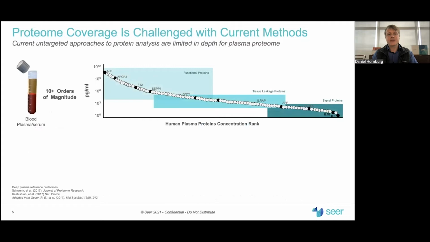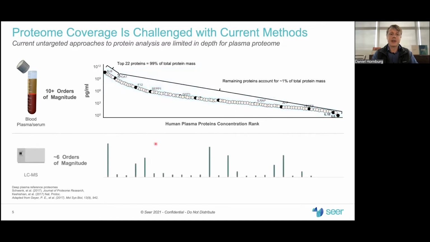Now, the challenge with proteome samples in general, and in particular for plasma, is that life happens at a log scale. So that means that a minority of proteins make up a majority of the mass. So for example, if you look into blood plasma, about 22 proteins make up 99% of the mass and thus signal for your downstream detector.